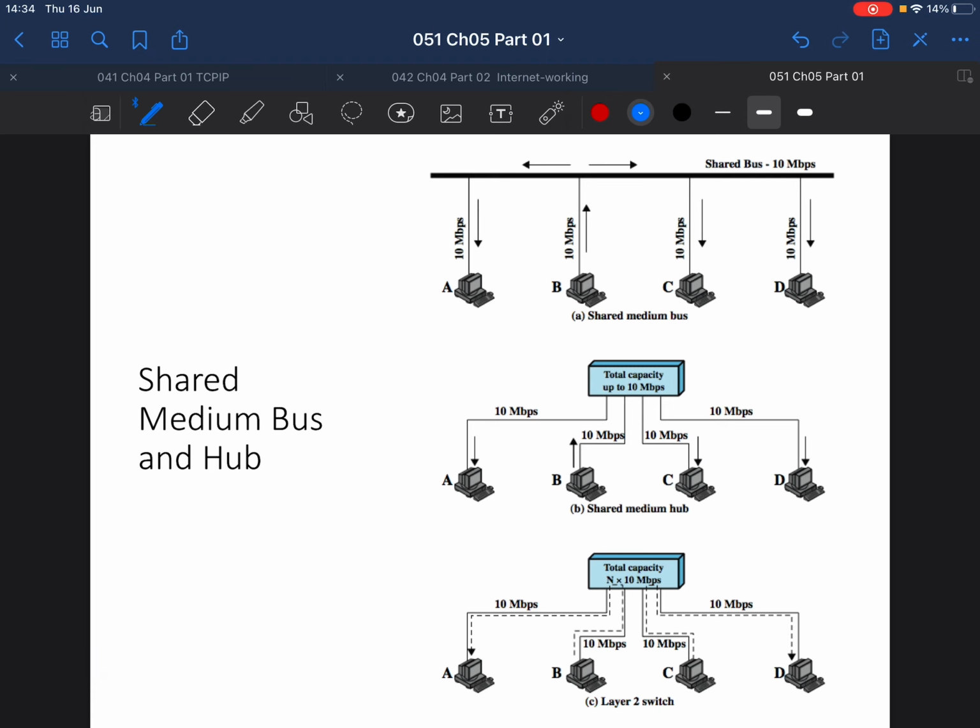So this is a shared medium, bus and hub. This is a shared bus. Okay, shared medium, hub. And this is a layer 2 switch.